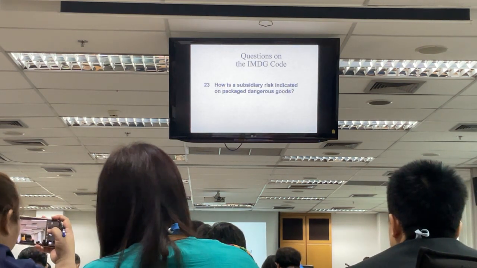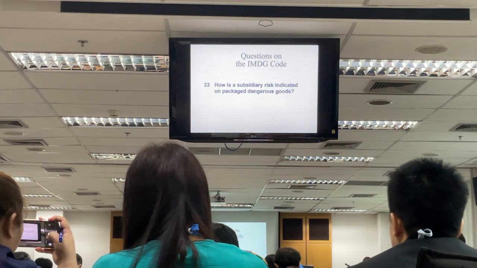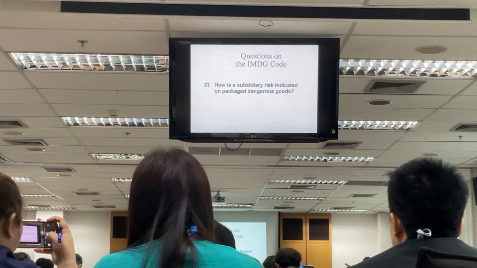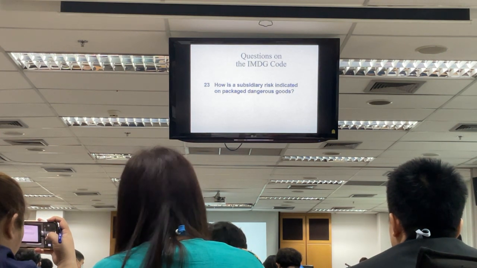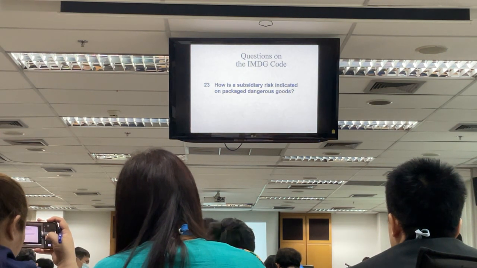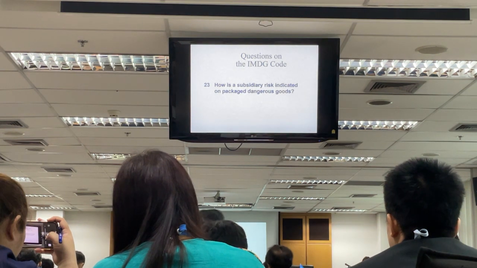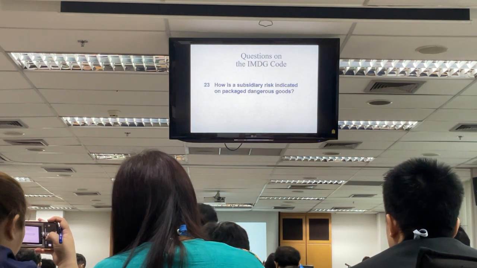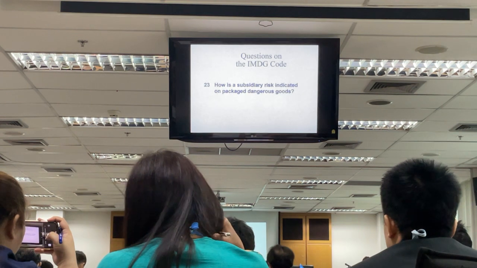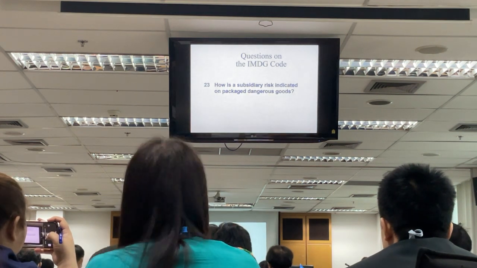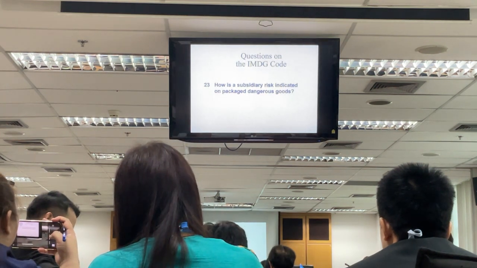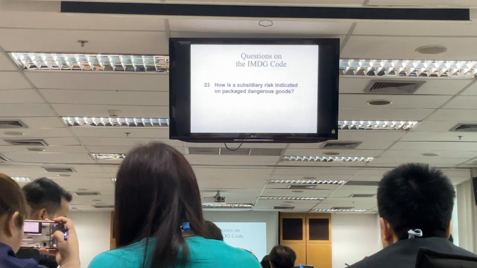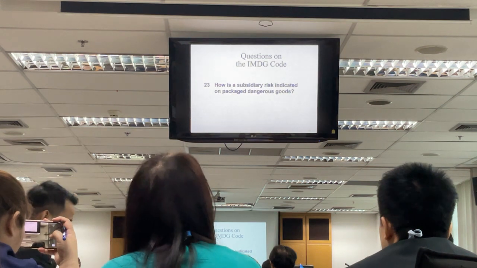23. How is a subsidiary risk indicated on packaged dangerous goods? In column 4 of the dangerous goods list we see the subsidiary risk. It is also stated as a class number, and we indicate it on the package with a label.